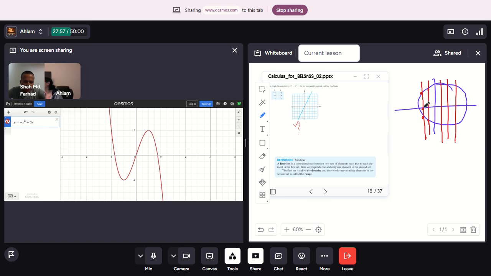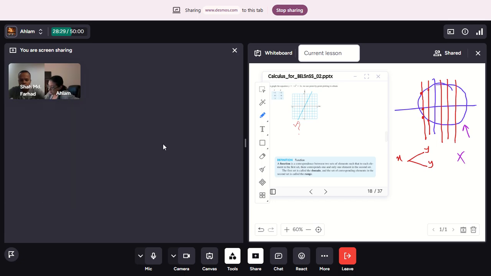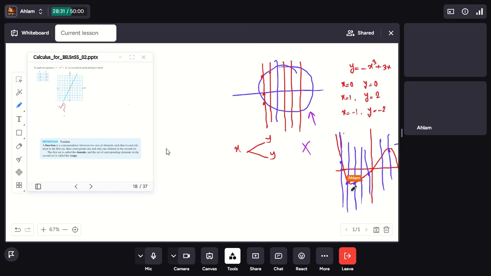That means for one x we have two y's, so the condition was not satisfied. For a function we can't have two outputs for one input, right? So this one is not a function. That is called the vertical line test.